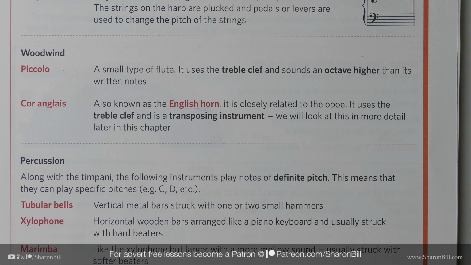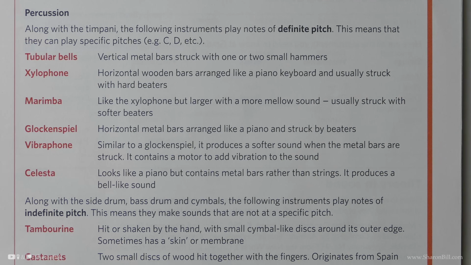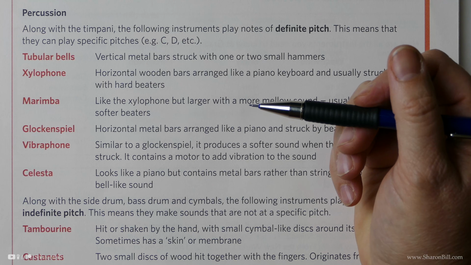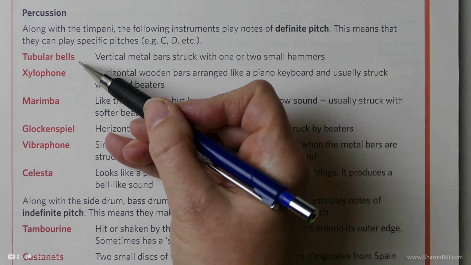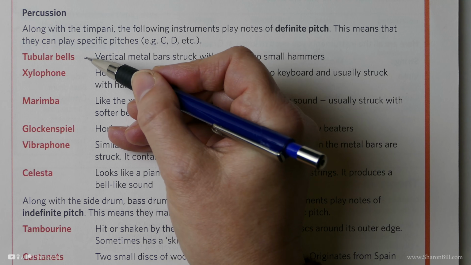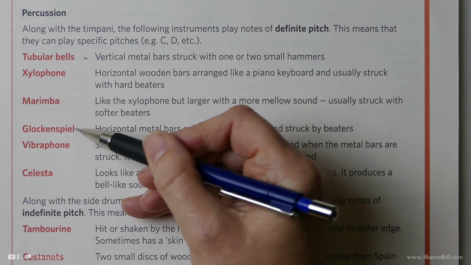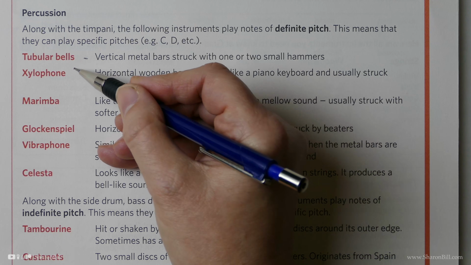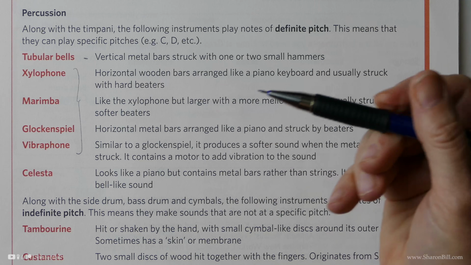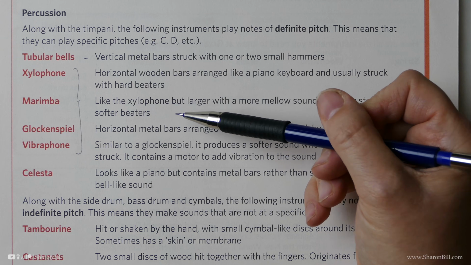And then we have all of these new percussion instruments, and it's really just worth taking a moment. So we've already discussed the tubular bells, and you could listen to the Mike Oldfield album for that. The xylophone, the marimba, the glockenspiel and the vibraphone are all very similar in the way that they are laid out, but they have slightly different effects because they're either wooden bars or metal bars.